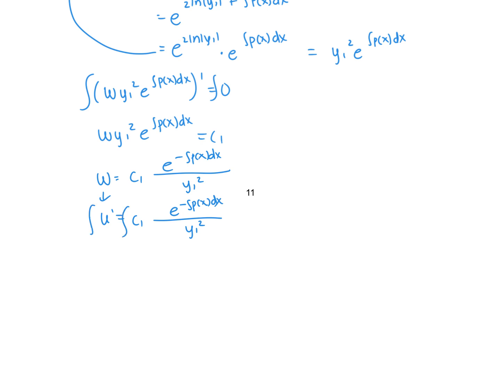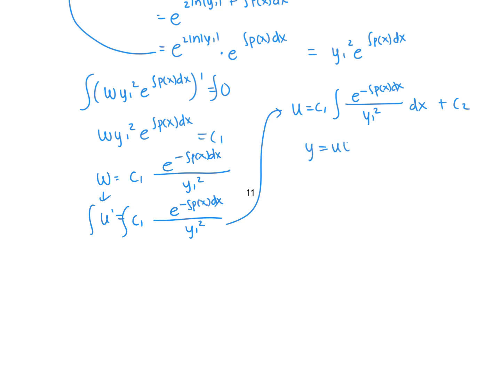So if we integrate that, we are going to get u then is equal to C1, the integral of e to the negative integral of p of x dx over y1 squared, integrating with respect to x, plus C2. Okay, almost done.